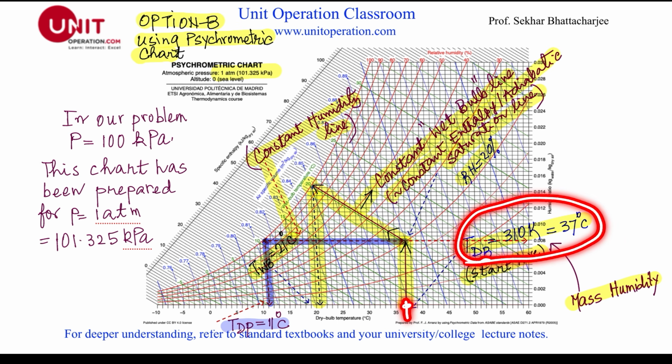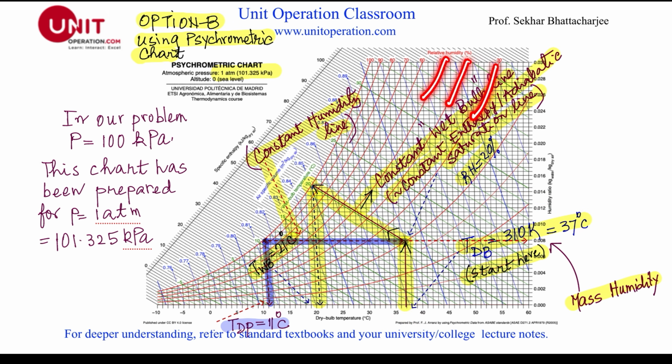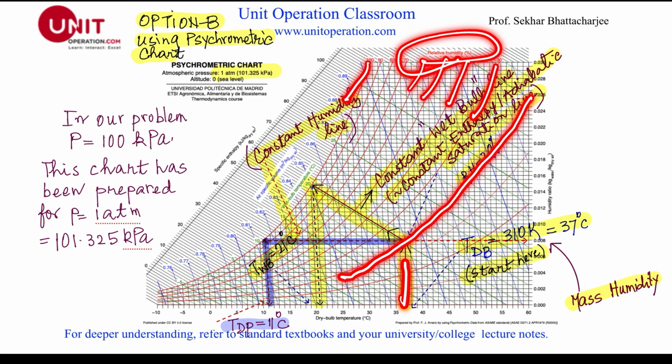So you go straight up and you find the 20% relative humidity line. You see this is 30%, this is 40%, this is 50%, and this is the 100% relative humidity line here. So we take this 20% line and we draw like here. So this is the intersection point. From here, you can directly read the value of the humidity at this point, which is shown in the website.